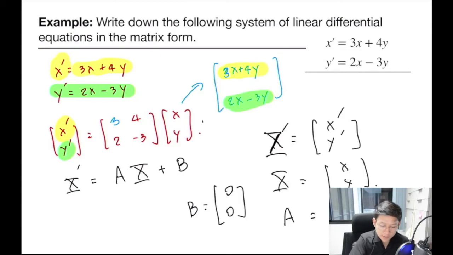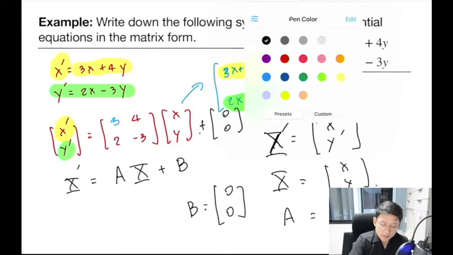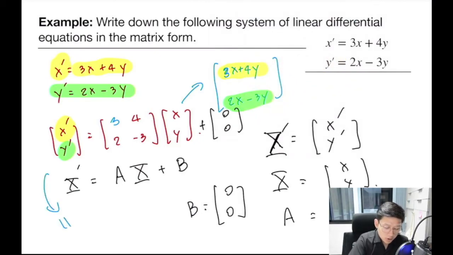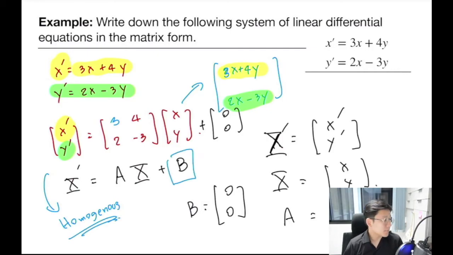Don't forget guys, here it can be plus 0, 0, and this equation is called homogeneous because the vector b here is 0.